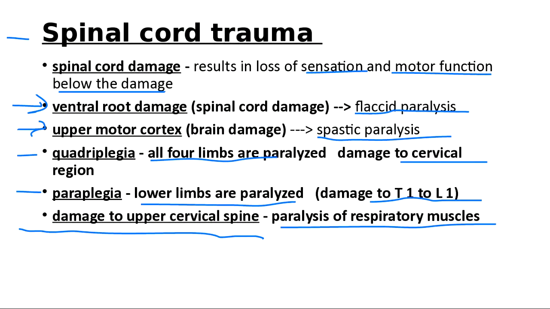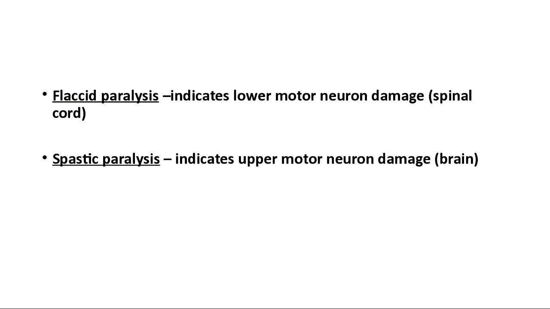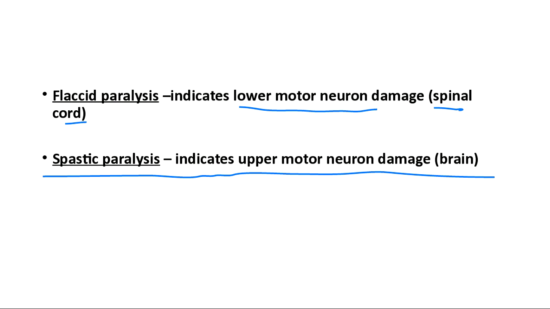The phrenic nerve will not work and you don't breathe. So flaccid paralysis, lower motor nerve damage, spinal cord. Spastic paralysis, upper motor neuron damage, brain.